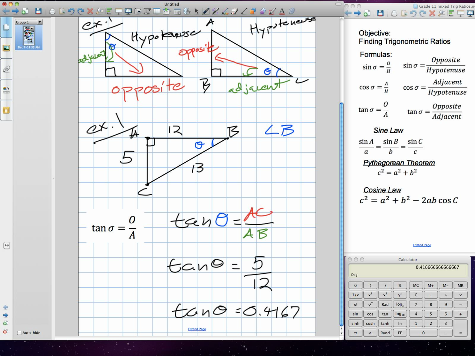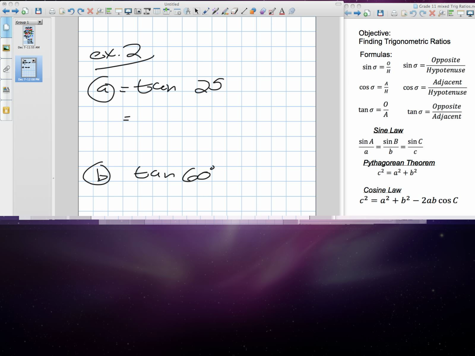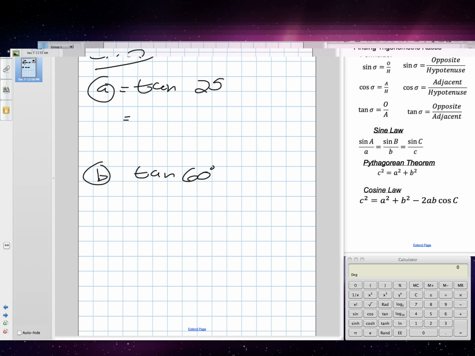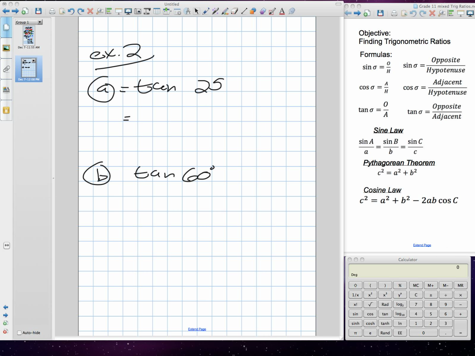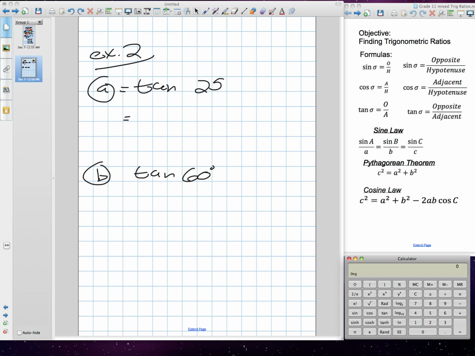We have example 2, tangent 25. I literally just want you guys to get used to typing this in your calculator. So take a calculator out. Now mine is a little backwards compared to the way you usually write it. Most calculators, you would put tan in, and the word tangent would come up here, and then you would type in 25 equals. If you have one like mine, it's a little backwards. I actually have to type the number first, then I hit tangent.